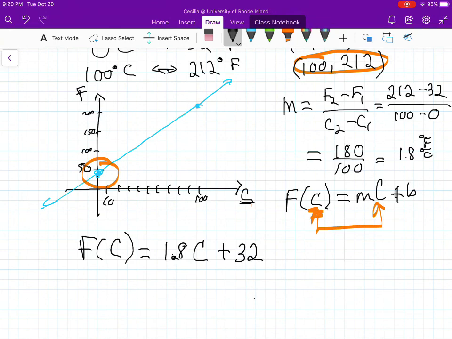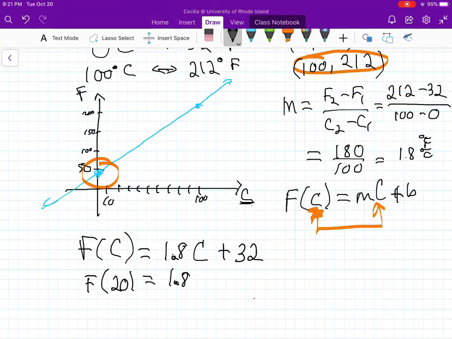Now, part B says find f as a function of c and use this formula to determine the temperature in Fahrenheit corresponding to a temperature of 20 degrees Celsius. So we've already found the function of f for the Fahrenheit as a function of the Celsius.